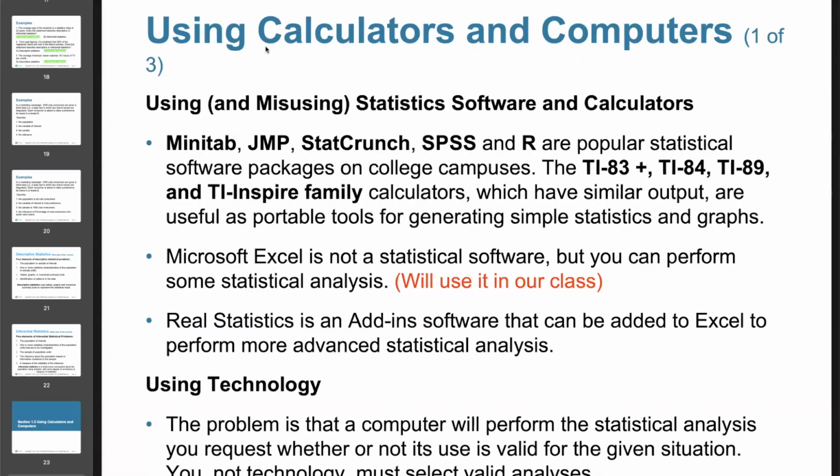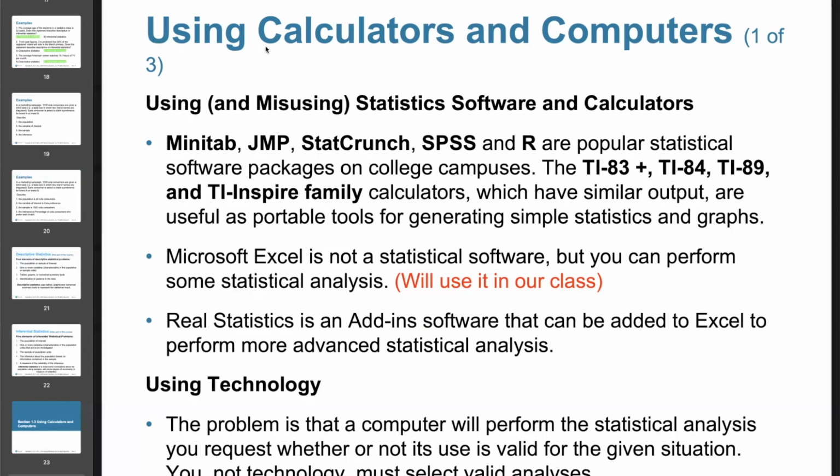So using statistical software or calculators is very important in analyzing the data. Some examples of statistical software are Minitab, JMP, StatCrunch, SPSS, and R. These are popular statistical software in most of the universities and college campuses. Okay.